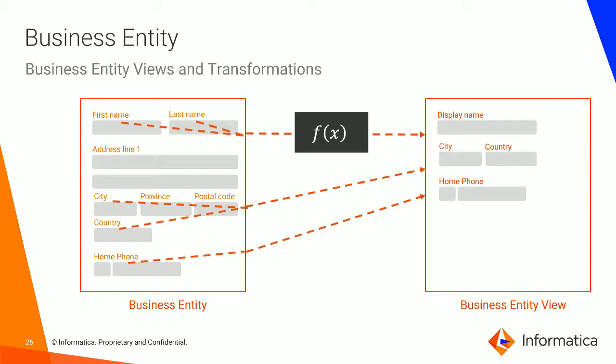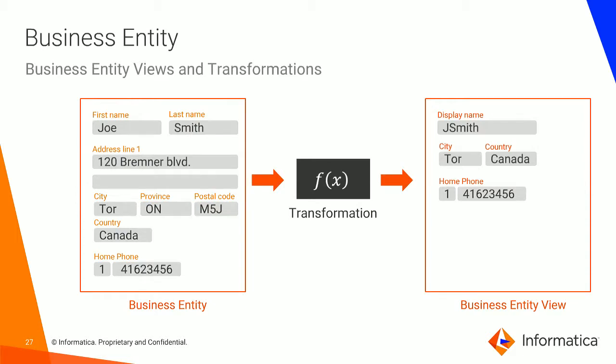If I were to put data into this and go next, we will see something like this. In the model, if anyone had access to that, they would see Joe Smith and a full address. Whereas if they were in the view, they would see J. Smith, the field Toronto, Canada, and they would only see home phone.